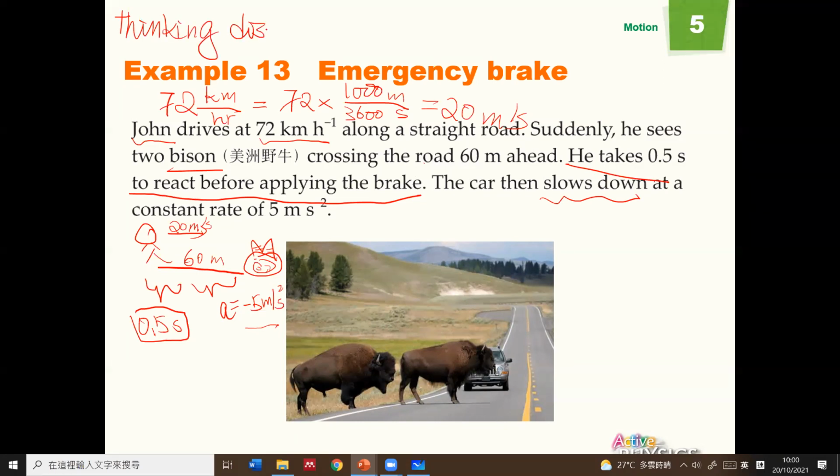So what is the meaning of thinking distance? Read the question again. He takes 0.5 seconds to react before applying the brake, right? So during this 0.5 seconds, there is no deceleration because he hasn't reacted.